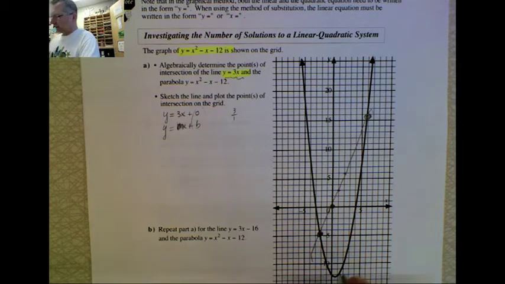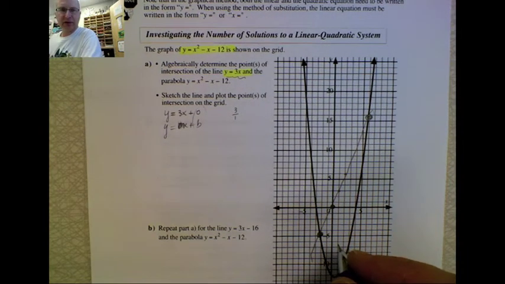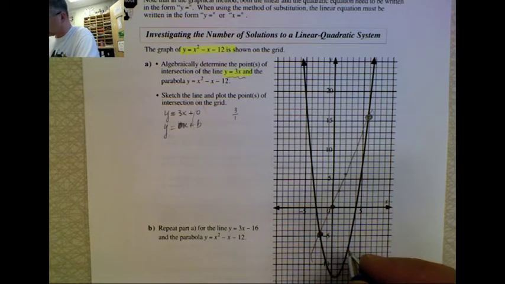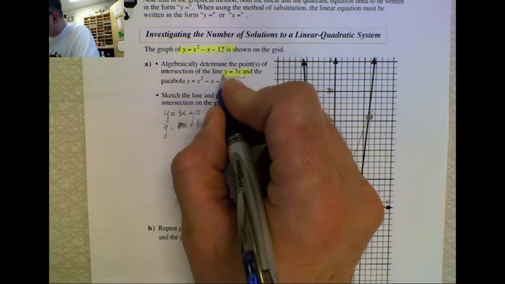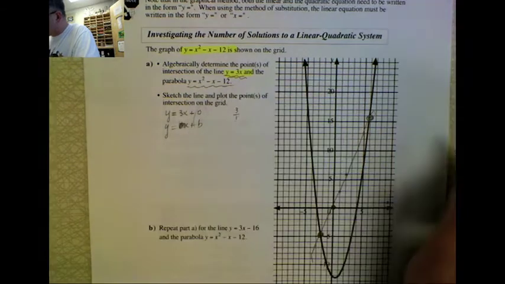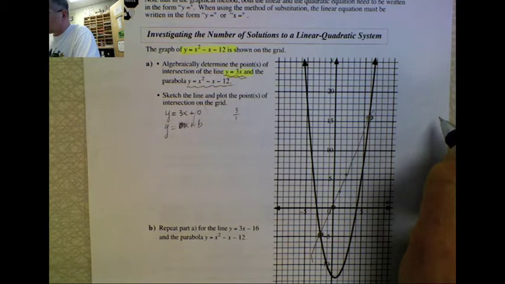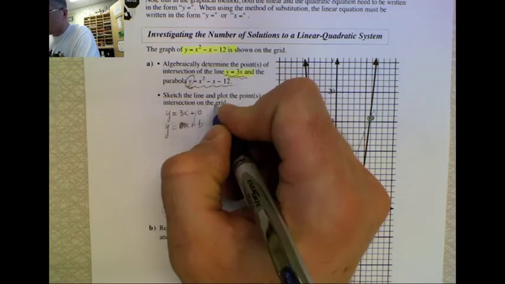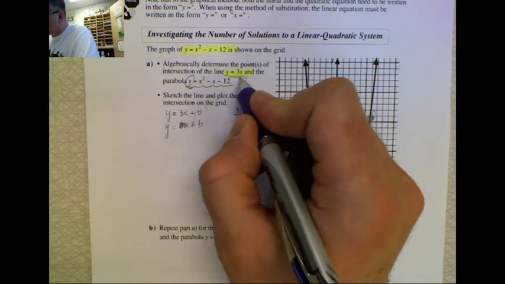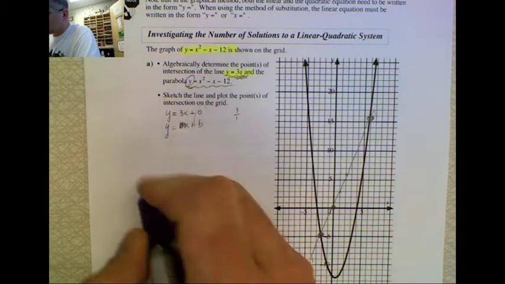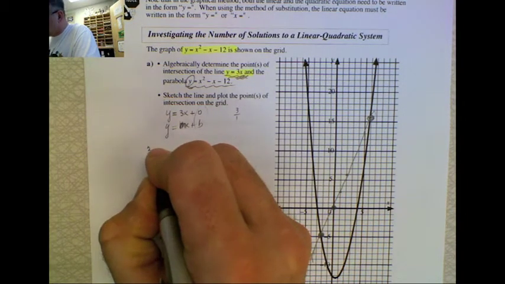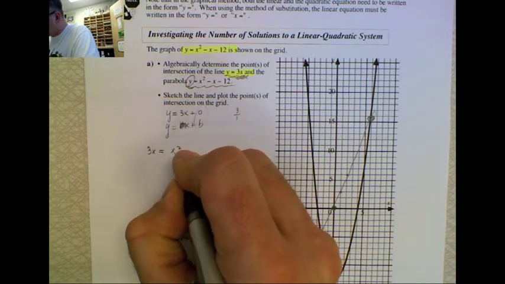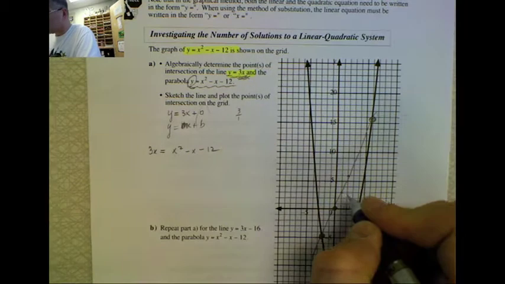So we're going to try to find these 2 points of intersection algebraically. We've got y equals 3x and y equals x squared minus x minus 12. That means we're going to replace the y in our second equation with 3x, because y is equivalent to 3x. So we get 3x equals x squared minus x minus 12.